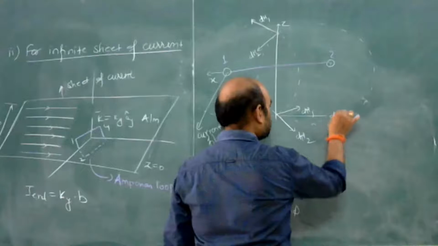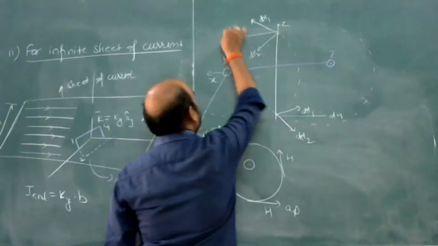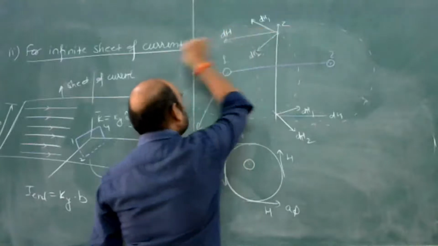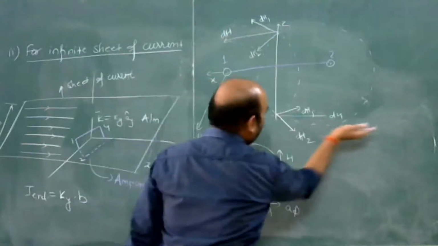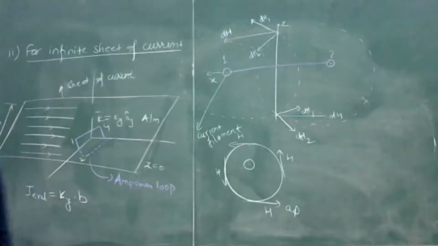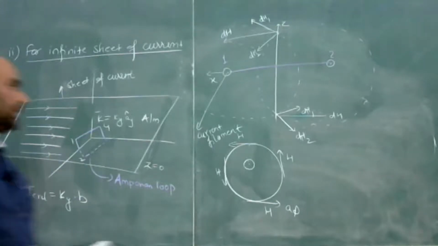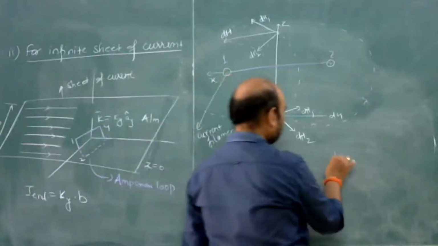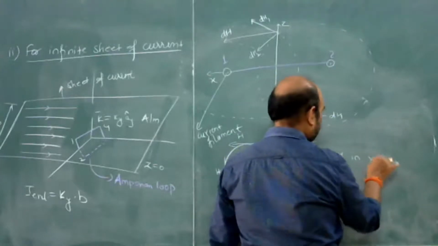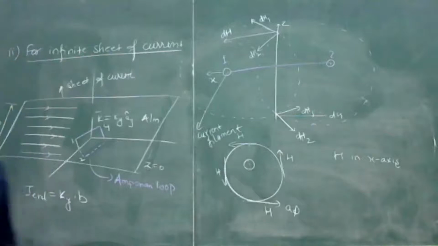This will be DH, which is along the x-axis. This is the positive axis, and this is the negative axis. So one thing is clear: we will get H in the x-axis, in the positive or negative direction.